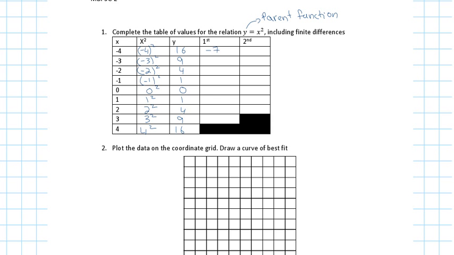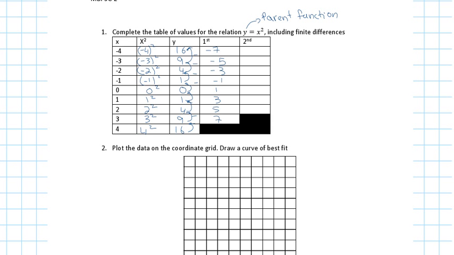Because I'm doing the subtraction. 4 take away 9, -5. 1 take away 4, -3. 0 take away 1, -1. 1 take away 0, 1. 4 take away 1, 3. 9 take away 4, 5. And then 16 take away 9, 7.